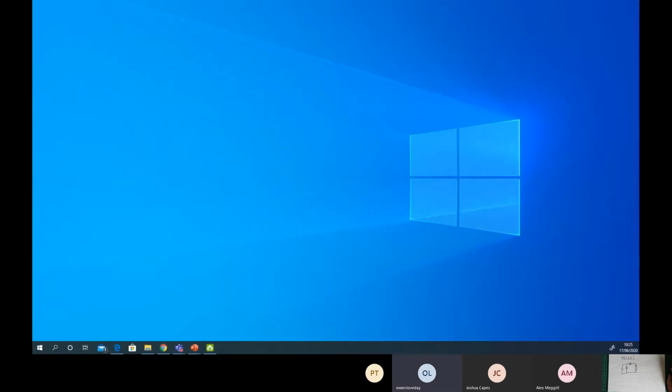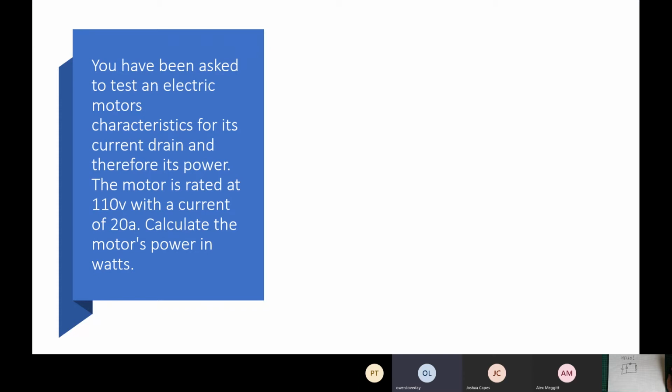So how do we do that? Current divided by voltage, isn't it? What do you reckon, Josh? No, P. No, current. What's that little triangle? It is a triangle, yeah. What do you reckon, Owen? Can you remember this one?